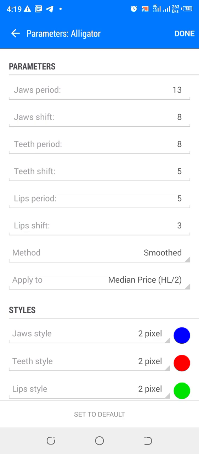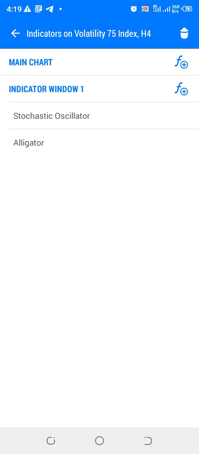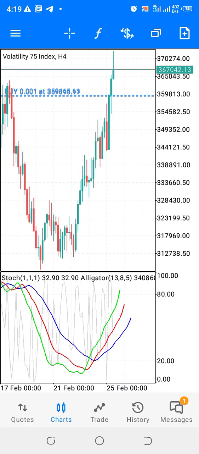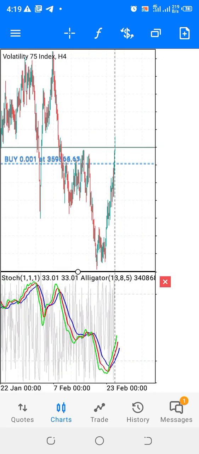The method is smoothed, and for the styles we have three colors that represent each line. Then you say okay. When you go back to the chart, you'll be able to see the settings. Here in the indicator window you can see three lines that represent the alligator, and the faded one is the stochastic.